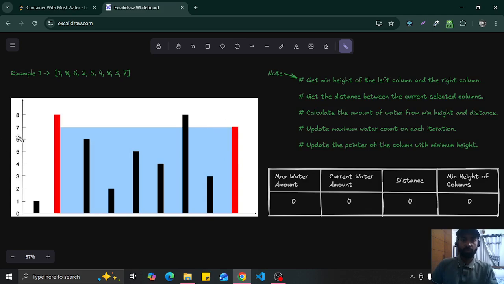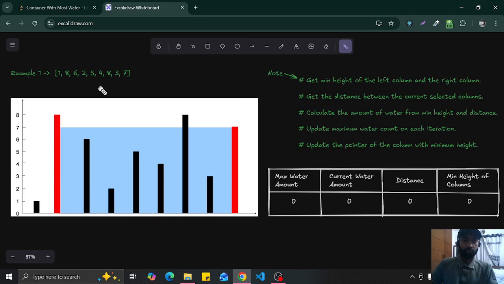So the water unit and the distance, if we multiply both of them, we will get the amount of water. And we are going to loop through each of these columns, consider each container, calculate the water amount, and return the maximum amount of water.